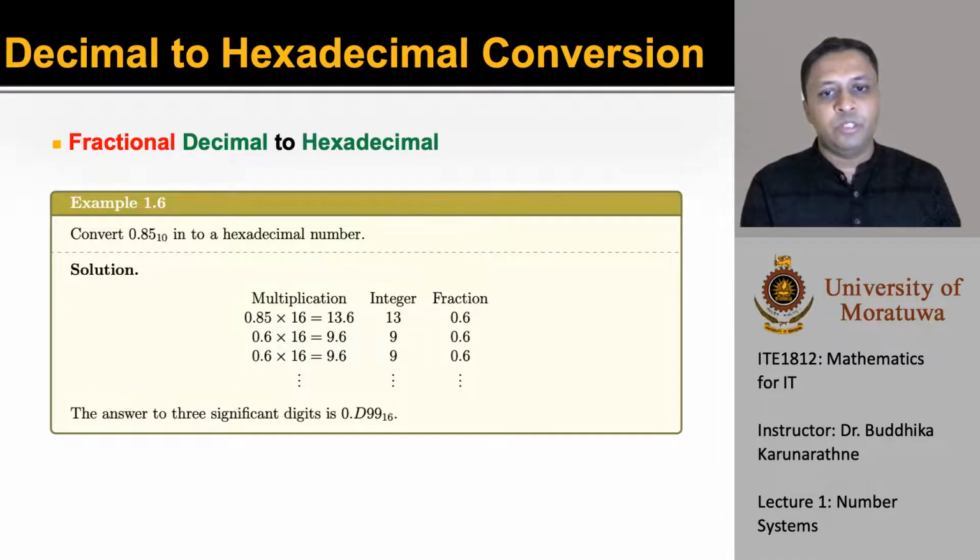And then we move on to fractional decimal to hexadecimal. We once again adopt a similar procedure. So the example is converting the decimal value 0.85 to a hexadecimal number.